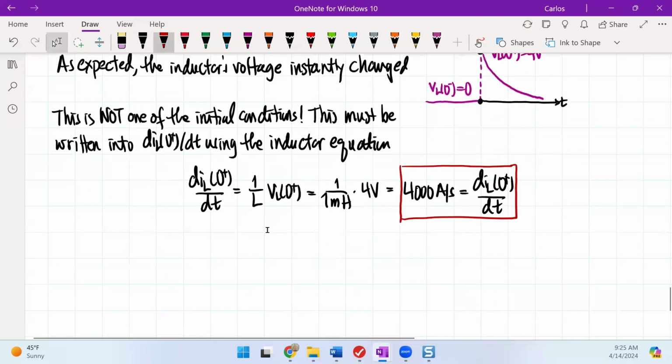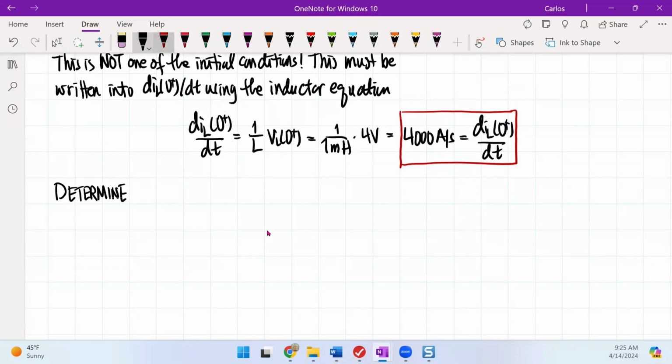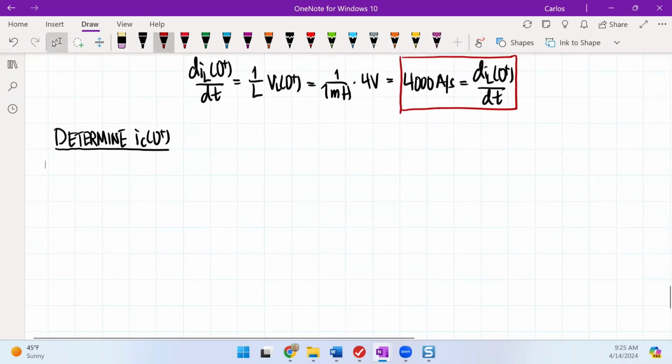Now we're left with determining IC. So now let's go determine IC of 0 plus. So what we want to do is focus on the VC node and the left loop.